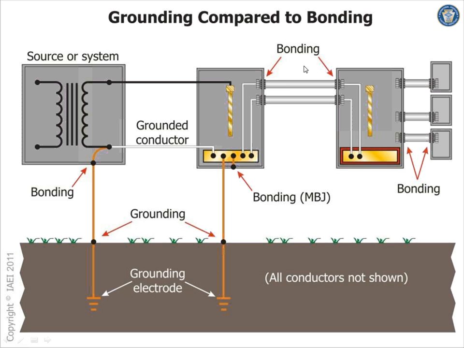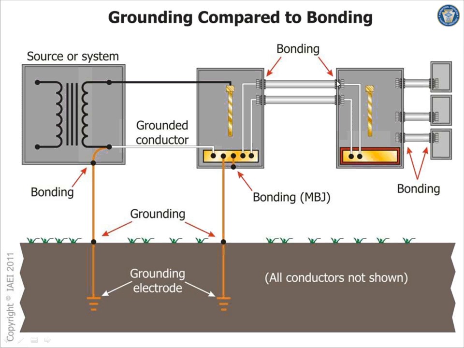Then you pull 4 wires into the second sub panels, and never again do you ground the neutral. You ground it one time at the service, and right here there's complete separation between the equipment and the grounded conductor coming out of your system.